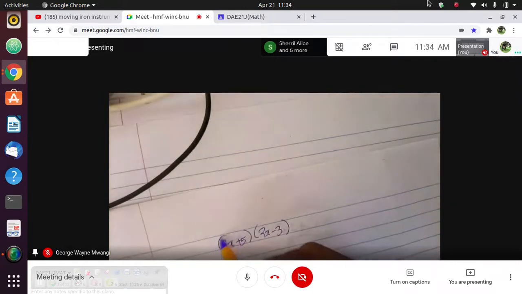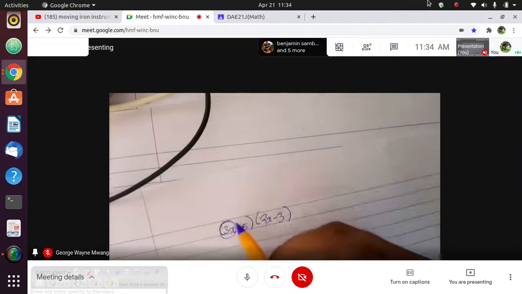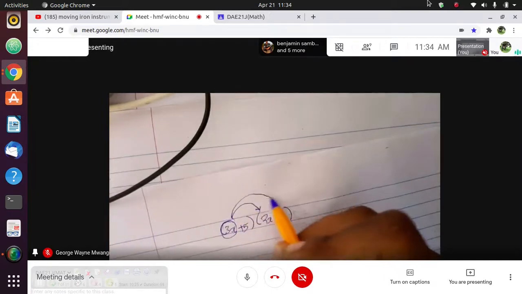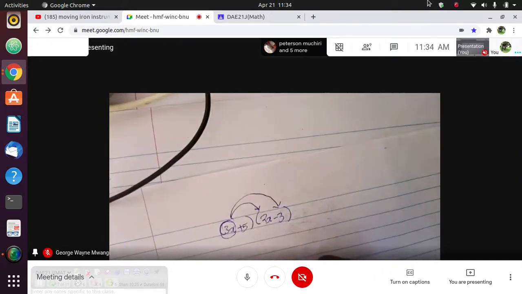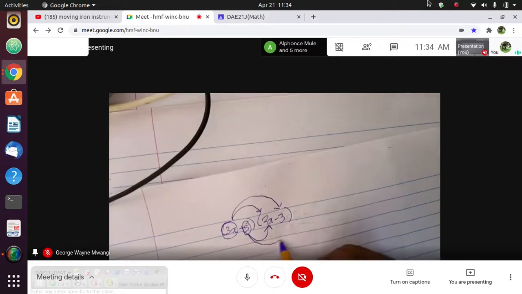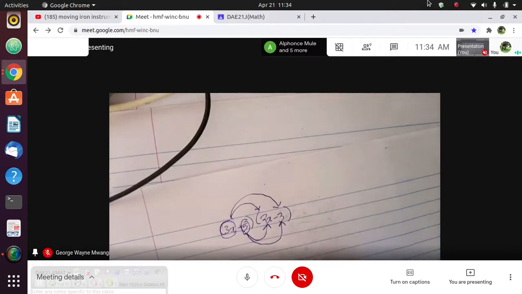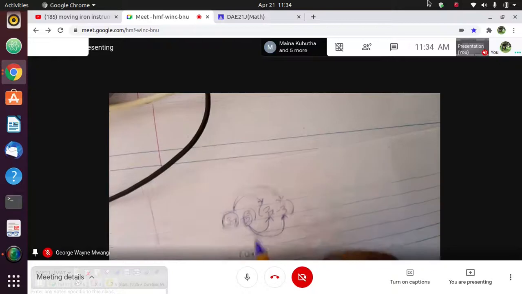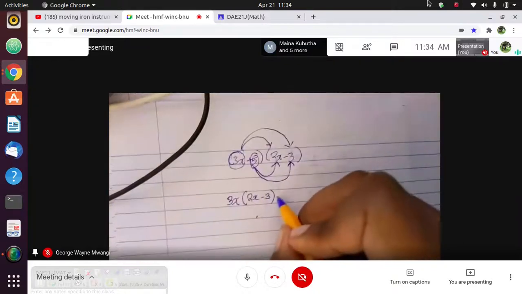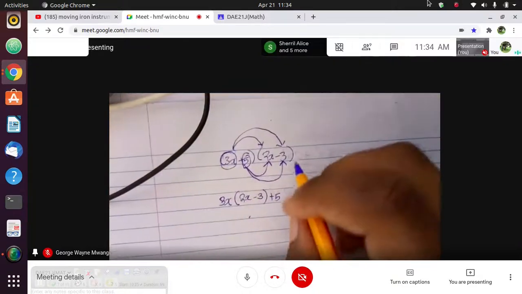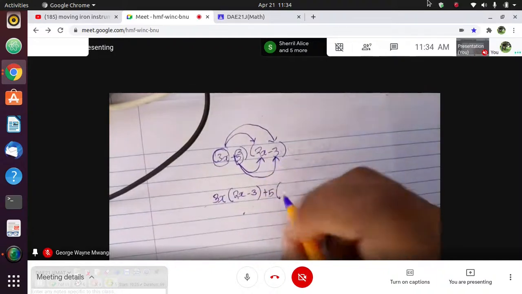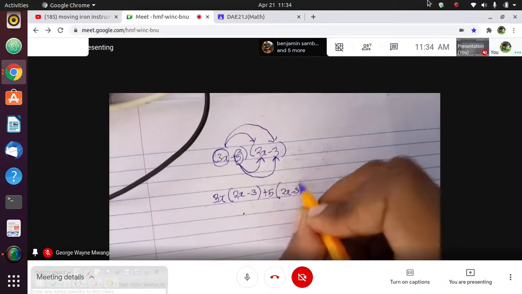We will take the first value in the first bracket and we multiply it with each of the values in the second bracket. And then we take the second value in the first bracket and we multiply it with both of the values in the second bracket. Mfano 3x, we multiply it with 2x minus 3, plus 5, the second value in the first bracket, you multiply it with 2x minus 3.